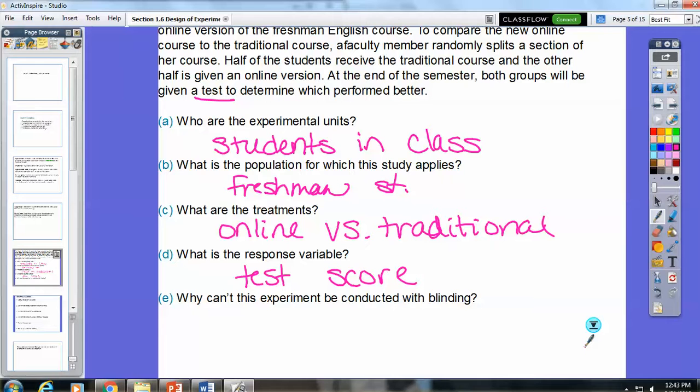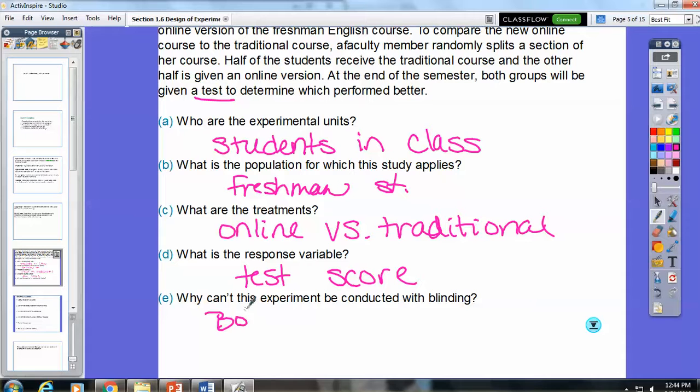Well, because they would know whether they're having online or traditional. Right. You're going to know if you're sitting in your dorm room taking your class online or if you're actually going to class and talking to your professor. And likewise, the teacher is going to know if they actually are teaching you or you're doing your work online.